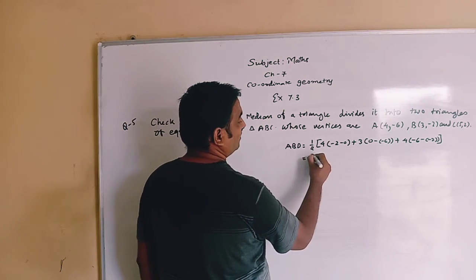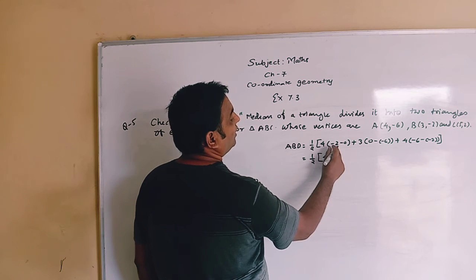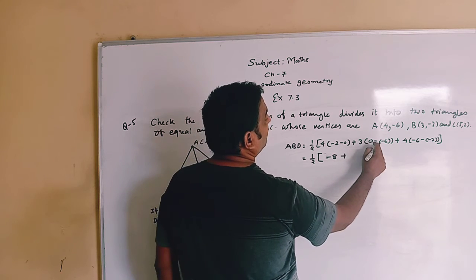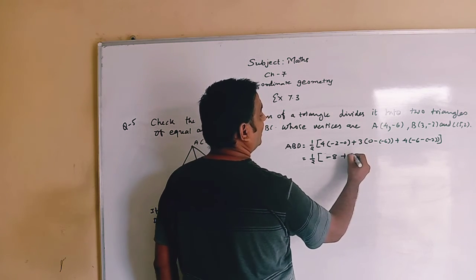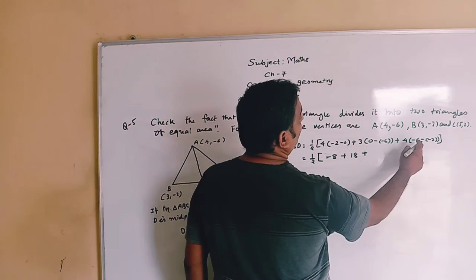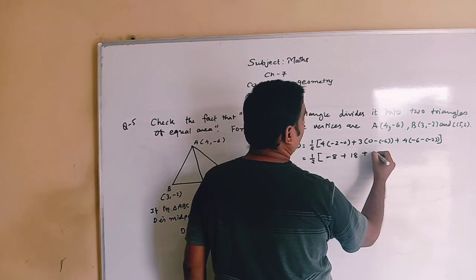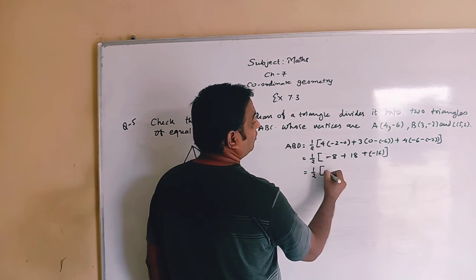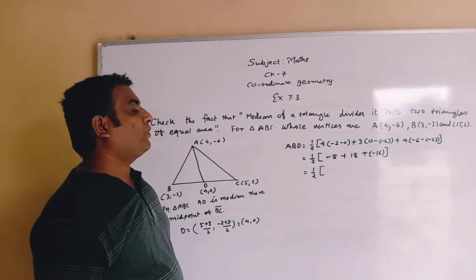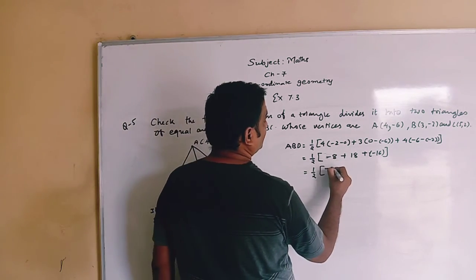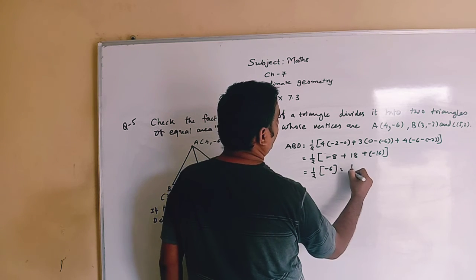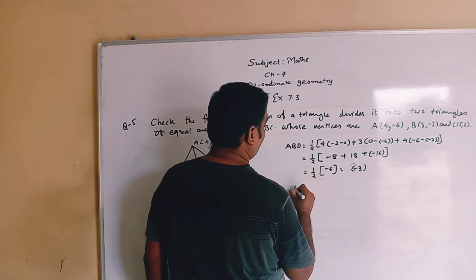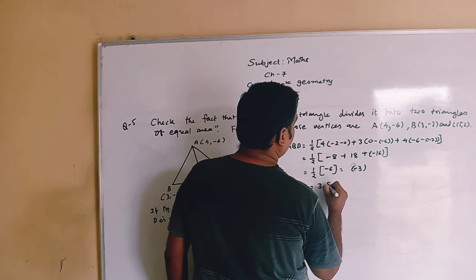And so here 1 by 2, 4 into minus 2, so it is minus 8, plus 3 into minus 6, so these are minus 18, and here 4 into minus 6 plus 2, that is minus 4, so minus 16. So 1 by 2 minus 16 minus 8 minus 24 plus 8 18, that is minus 6. And so it is 1 by 2 into minus 6, that is minus 3. But we know that area is always positive, and so ABD equals 3 square units.